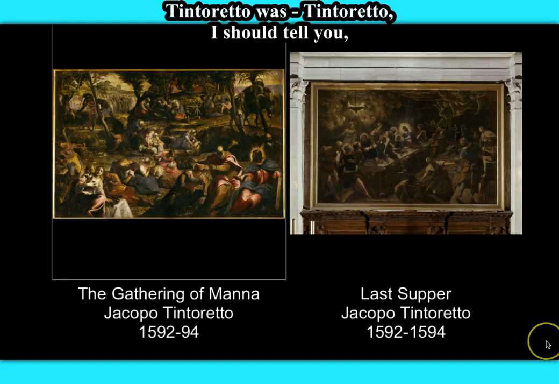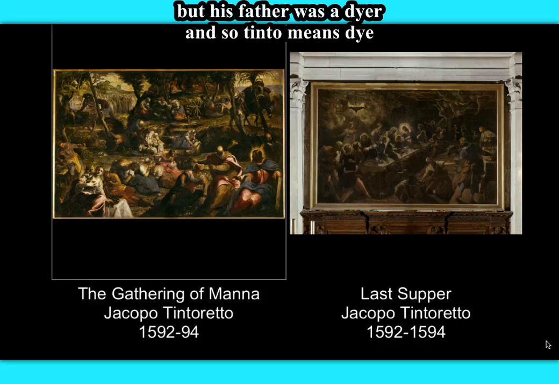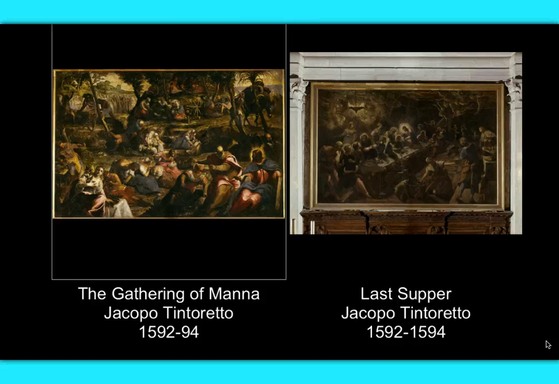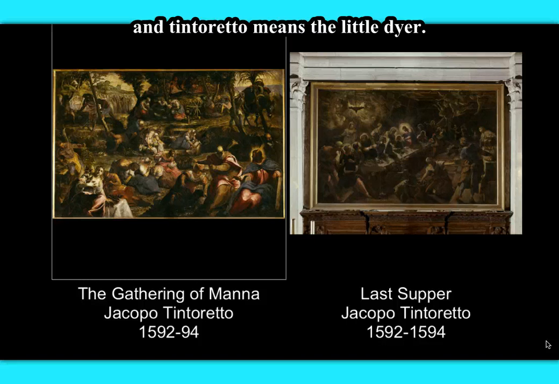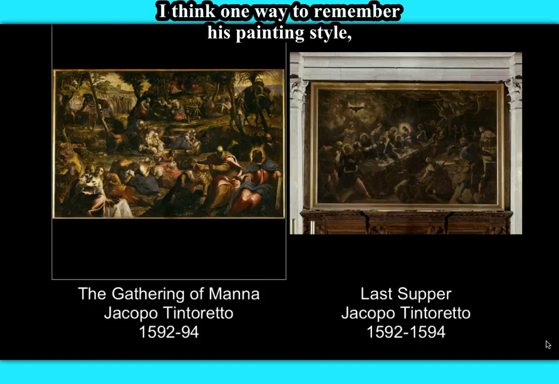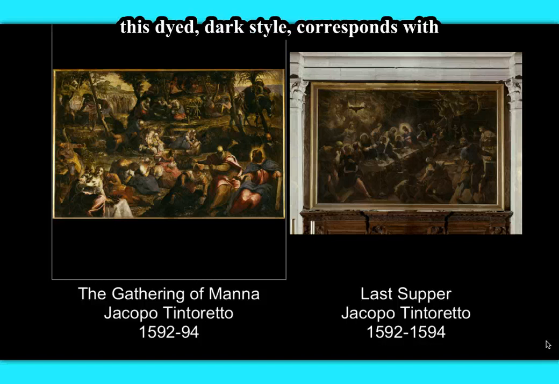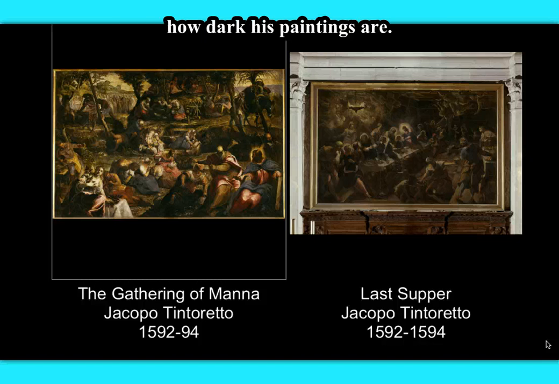Tintoretto, I should tell you, is his nickname. His real name is Jacopo Robusti, but his father was a dyer, and so Tinto means dye, and Tintoretto means the little dyer. And it works well for Tintoretto because I think one way to remember his painting style is to think about the name Tintoretto, this dyed dark style, corresponds with how dark his paintings are.